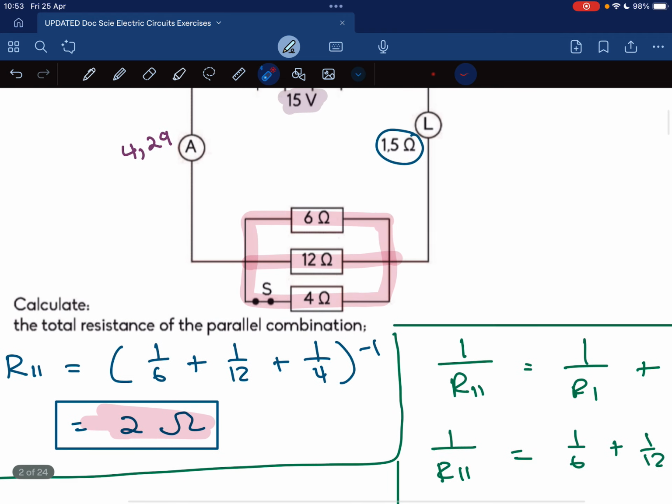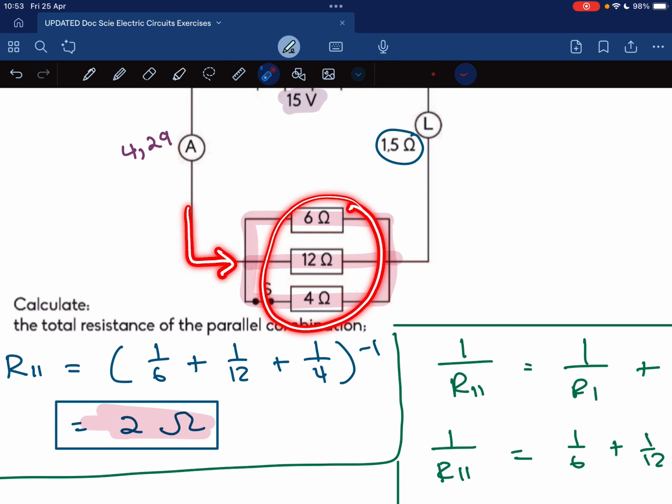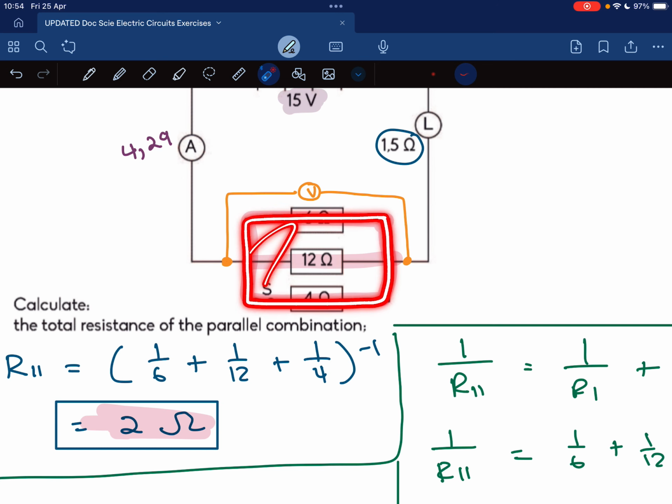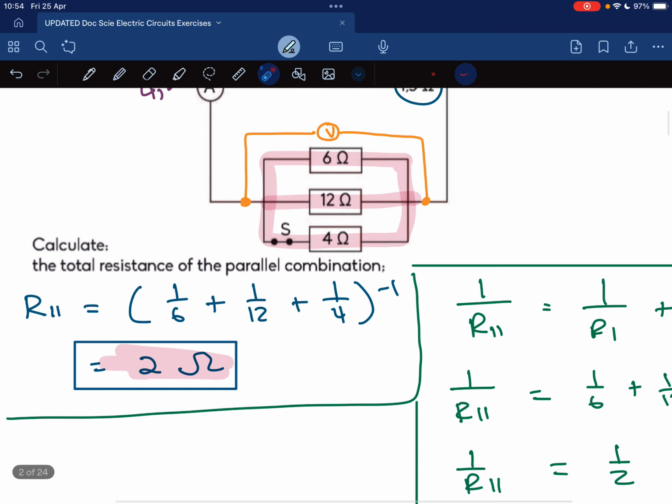However, we do know what the overall voltage is going to be if we calculate it using the resistance here and the current that goes in. So remember that if I connected a voltmeter here to measure across this entire portion, it's measuring the voltage using the current that goes into this resistor, and just because it's parallel doesn't mean that I can't find the effective resistance, which I just found to be 2 ohms.